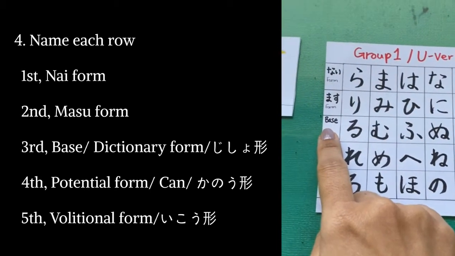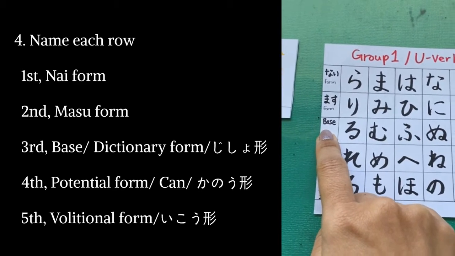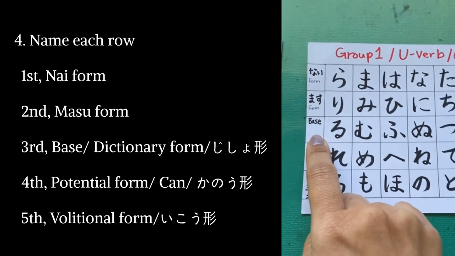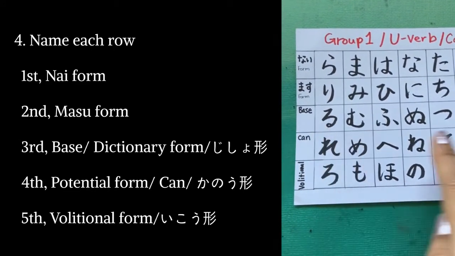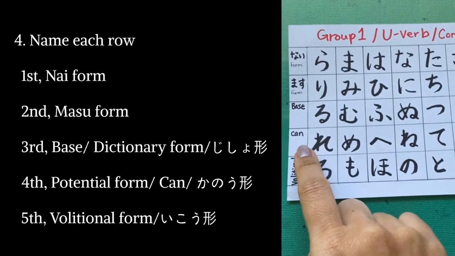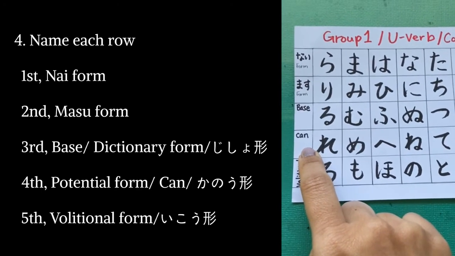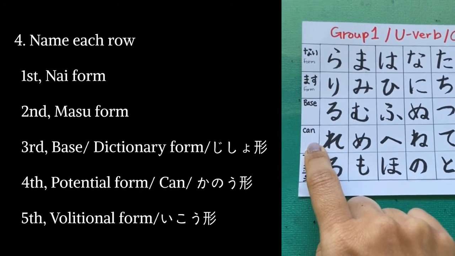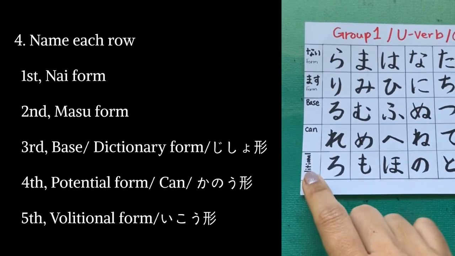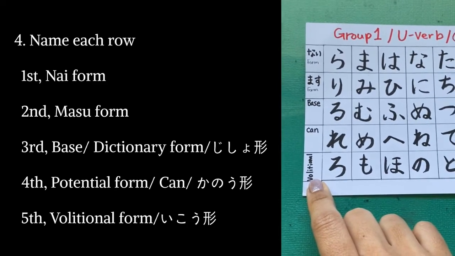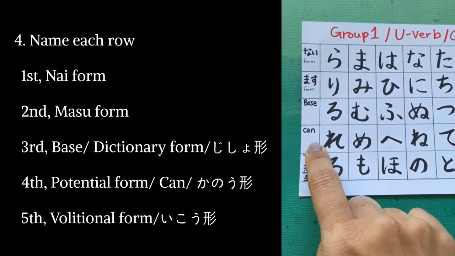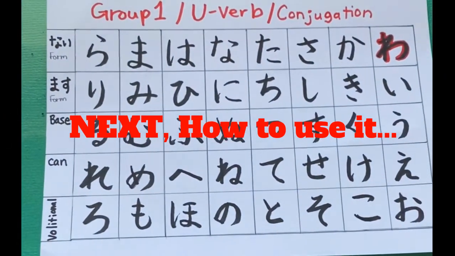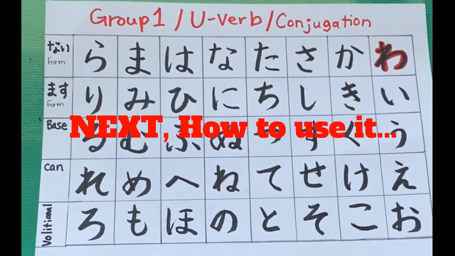This row, you put base form or dictionary form, or 辞書形 if you want to use the Japanese grammar term. This one is can-do form, potential form, or 可能形. The last one is volitional form, 意向形. Are you done? Alright, I'm going to show you how to use it.